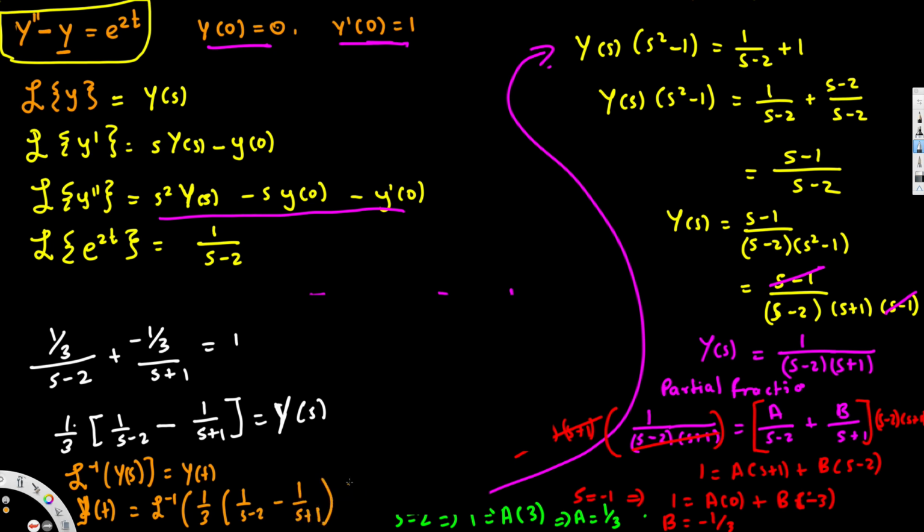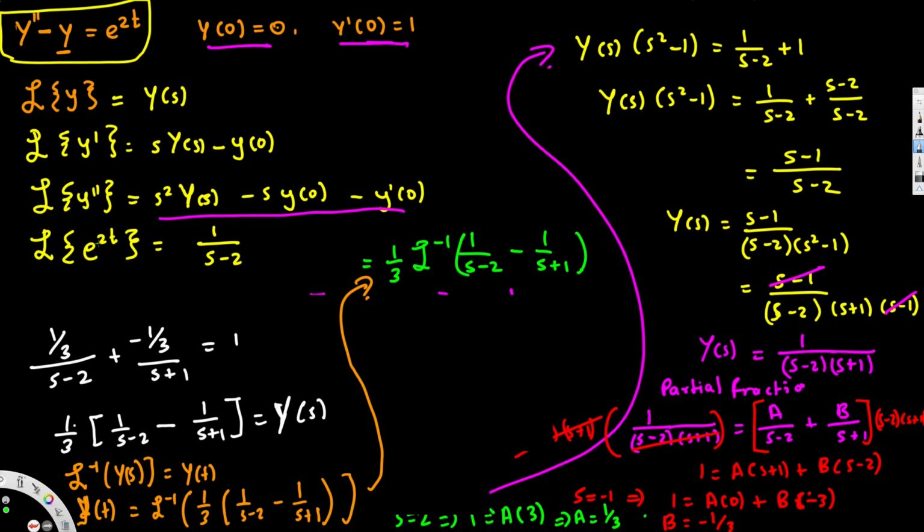This 1 over 3 is just a constant, so we can move that one to the front. Laplace inverse of 1 over s minus 2 minus 1 over s plus 1.